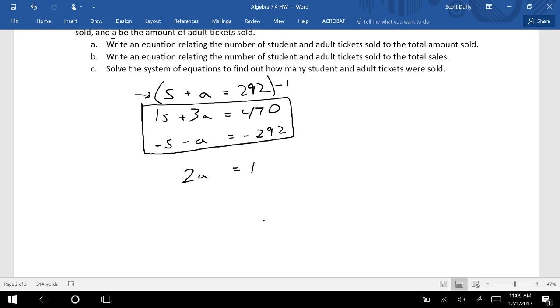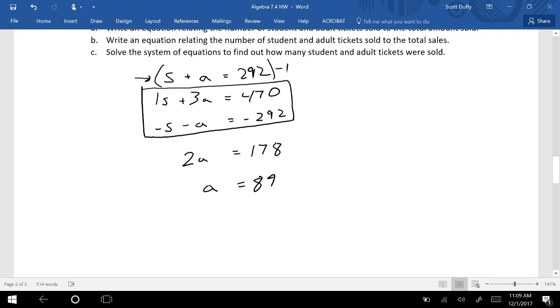is equal to 178. Divide by 2 on both sides, and you get A, the number of adult tickets, being 89. All you have to do now is plug this back into one of the original equations. Let's use the first one. S plus A equals 292.